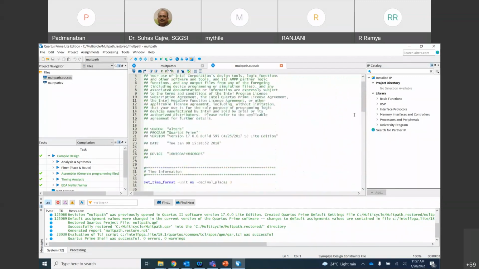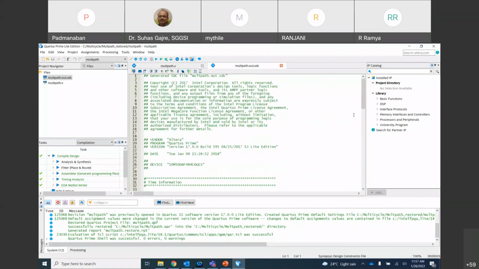You can directly copy the multi-cycle path QAR file, which I'm going to share with you, and then you can directly create the design. That means you can just open the design. We will perform compilation. Let us compile the design right now.